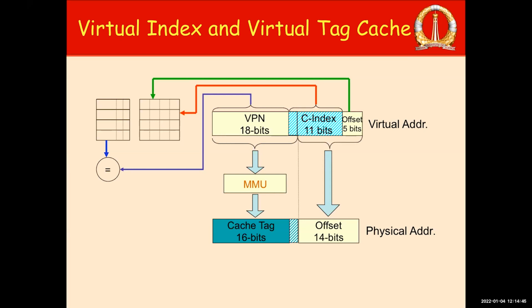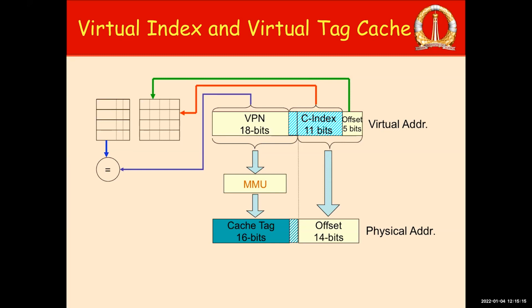To distinguish between them, if you are doing multi-programming, then whenever you do a context switch, you have to either flush the cache, or along with the tag, you also have to store information about which process it belongs to. This is also called the address space ID. Typically, modern processors have this notion of storing the address space IDs, which identify which process it is. That is one particular problem.